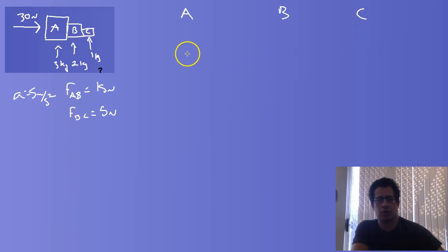So let's start by drawing a free body diagram for object C. Okay, and I'm going to label these forces in a very specific way so we can think about what's going on here.